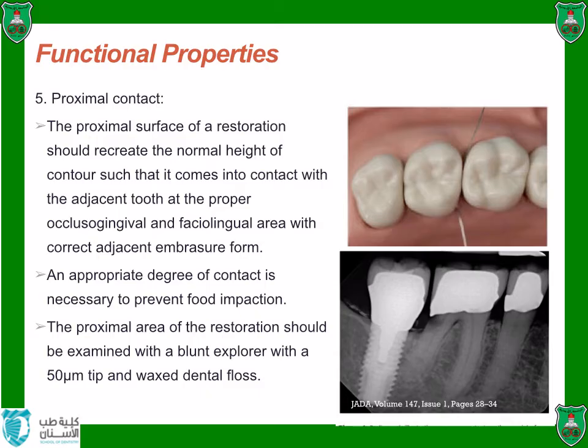Now, how will we examine the proximal surface? Usually we examine the restoration with a blunt explorer with a 50 micrometer tip, and sometimes we use waxed dental floss. You will place the floss between the two teeth, and there should be some snap or some resistance when you remove your waxed dental floss.